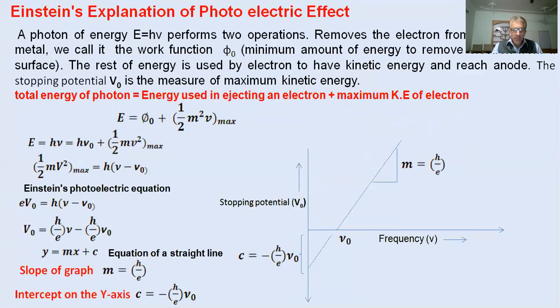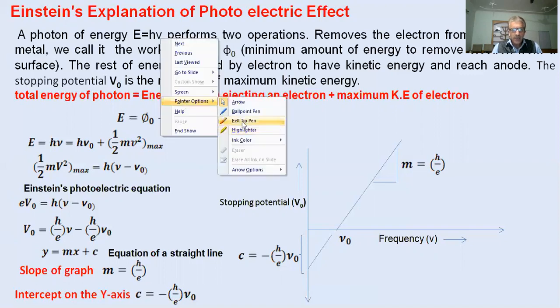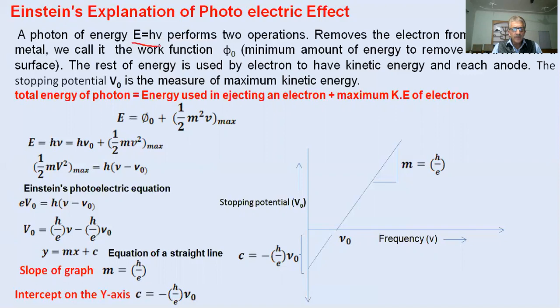Therefore, the total energy of the photon, h nu, was equal to the energy used in ejecting the electron, and the rest of the energy was given to the electron as kinetic energy.